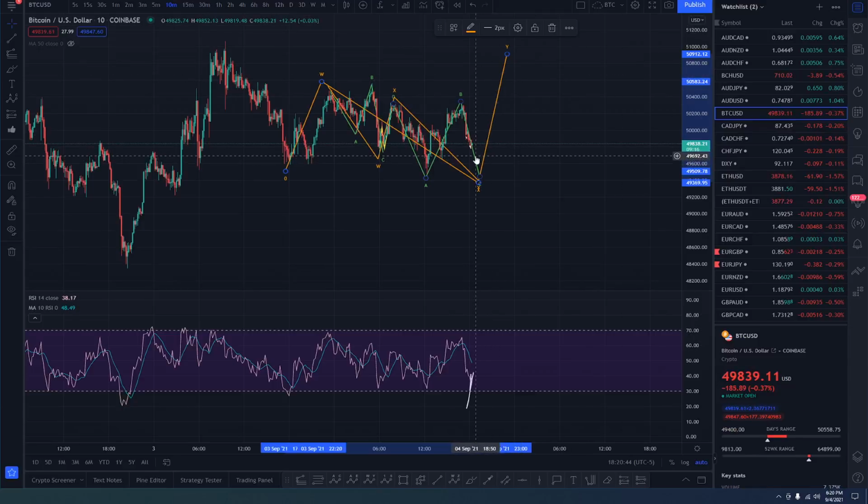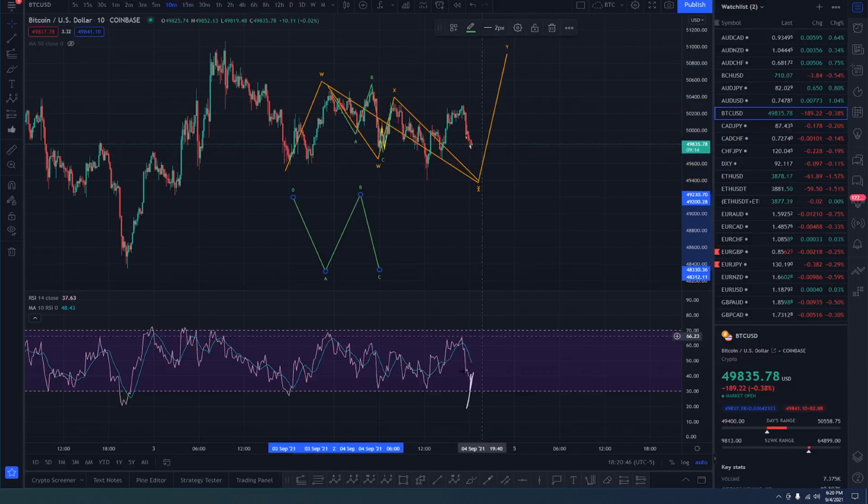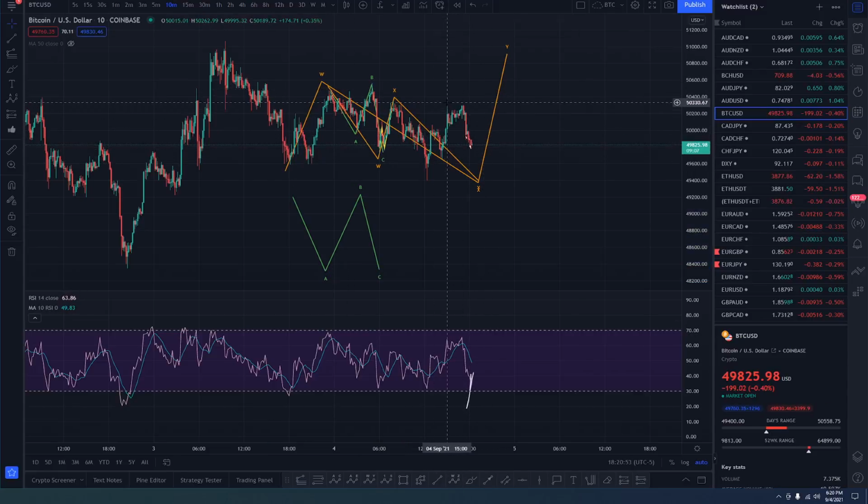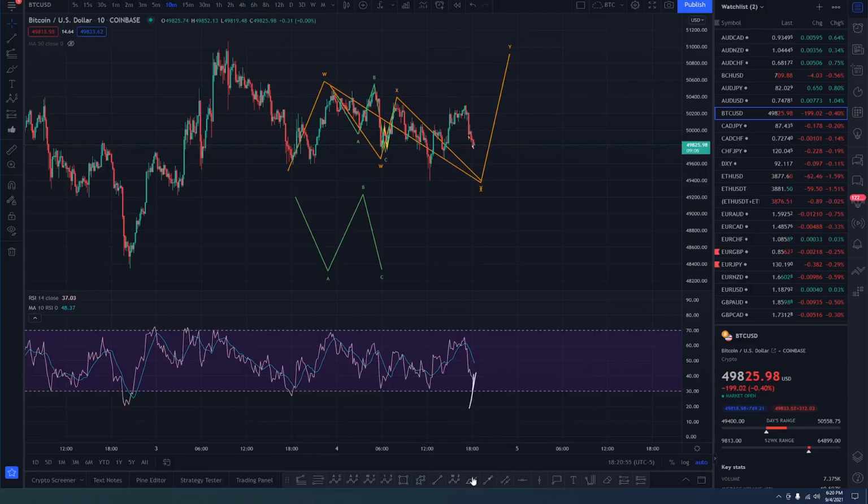Another idea was that we get a similar structure. I'm seeing this as a flat right here, and so I'm seeing this similar to that wave right there. We need a 3 wave to the upside, and then a 5 wave down.